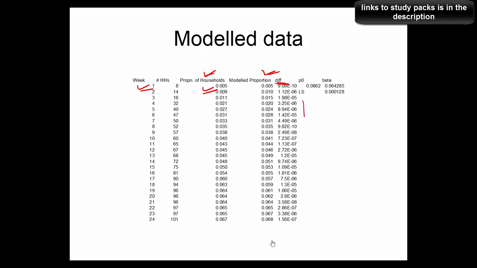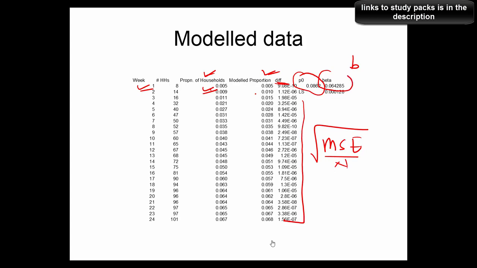When you take the mean of the absolute difference of actual minus predicted, you will get the mean error, and the root mean square error is the summation of that divided by n. The parameters are the following: p naught, which is 0.08, and beta or b, which is 0.064.